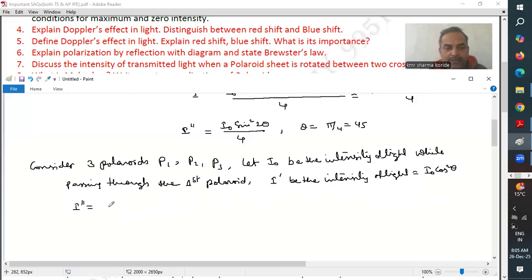So it will be I double dash equal to I dash cos square 90 minus theta, because the angle between the transmission axes of polaroids 2 and 3 is 90 minus theta. Therefore we get I naught cos square theta and cos square 90 minus theta, because I dash is replaced with I naught cos square theta. This part appears as sin square theta.